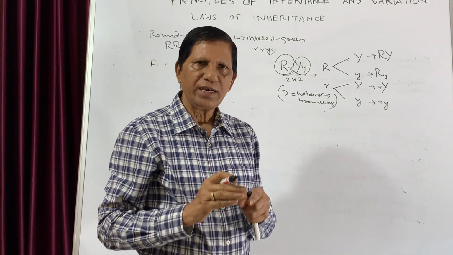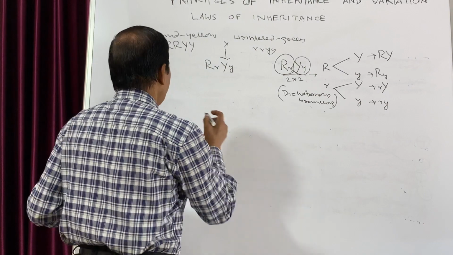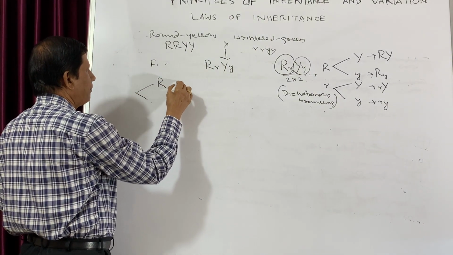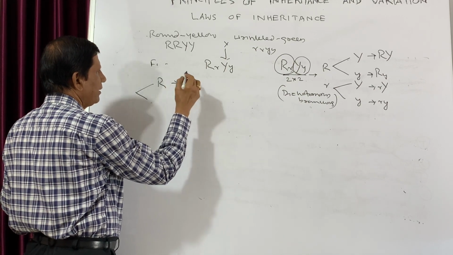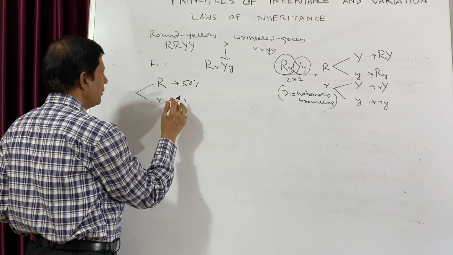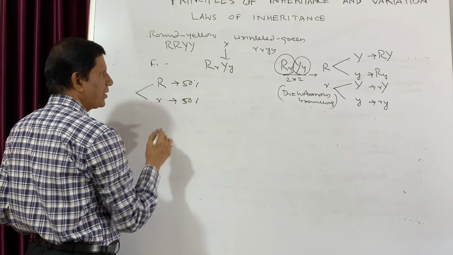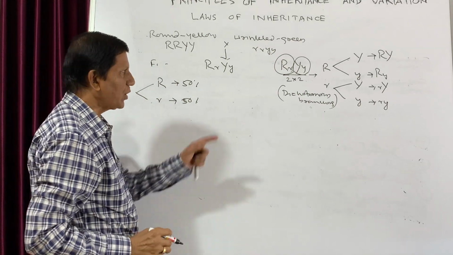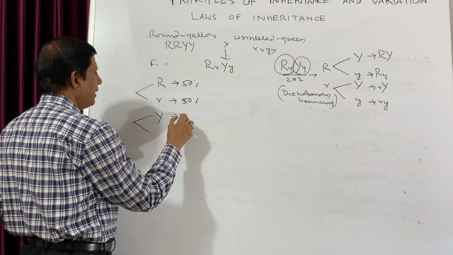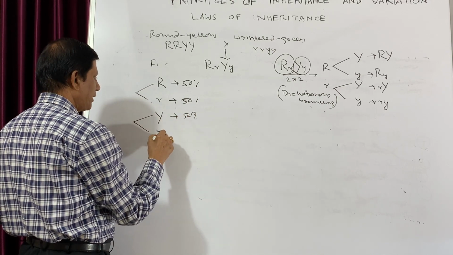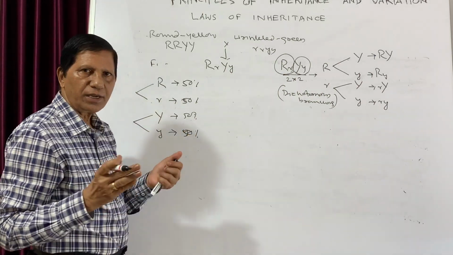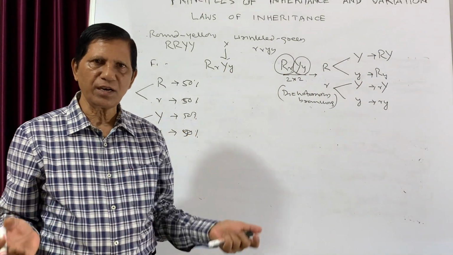That means during gamete formation, 50% of the gametes have capital R and 50% have small r. Similarly, for the color gene, 50% have capital Y and 50% have small y, because during gamete formation there is segregation of characters.